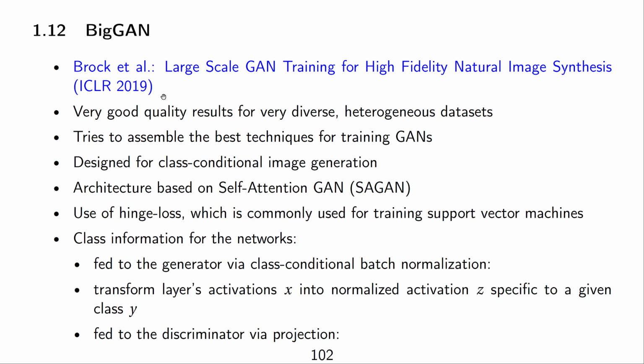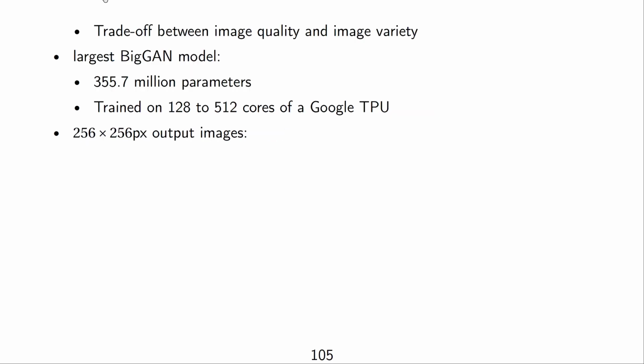And this paper, BigGAN, contains a lot of the architecture choices that the authors made to make the training on large datasets such as ImageNet happen. Let's just skip forward to some of these values here. So BigGAN has 355 million parameters to train 256 squared ImageNet images, and you need Google TPUs for the training. Quite a lot of them.